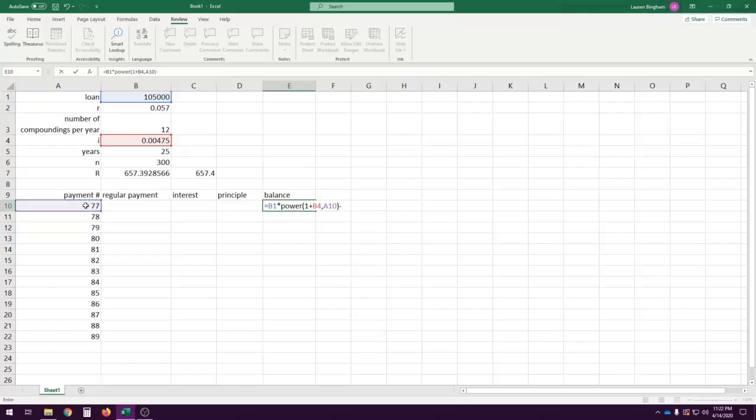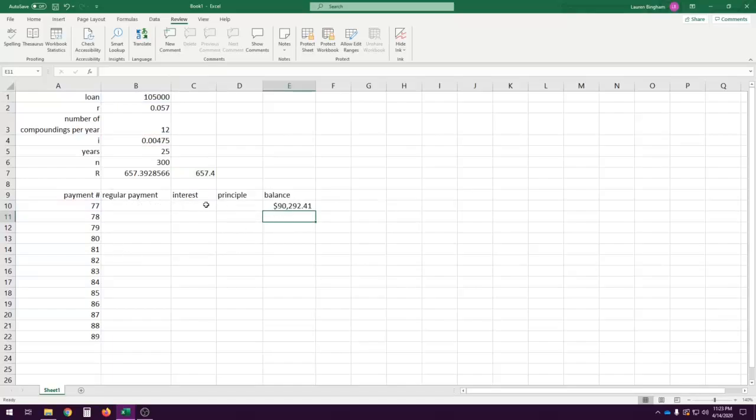Then we subtract that from our regular payment times S sub n, so I'm going to do parentheses, and then I have to do my power, 1 plus my I to the 77 again, and -1. That ends the numerator just like in a calculator, and then over our I. So it does take away some of that work, and we got the same answer, so that's nice.